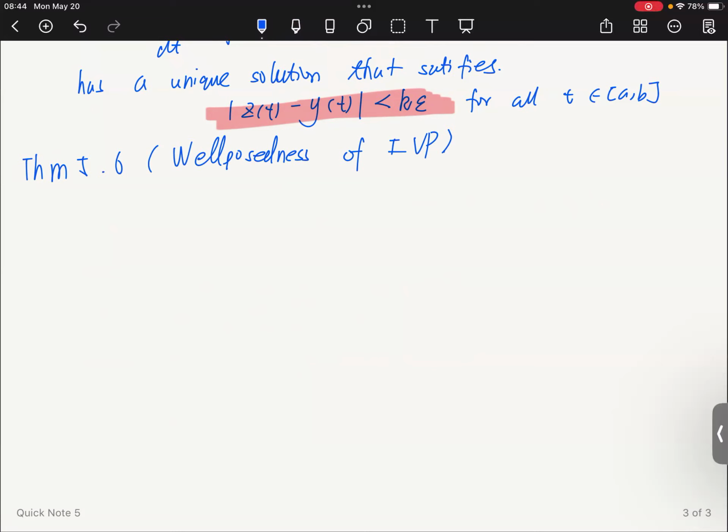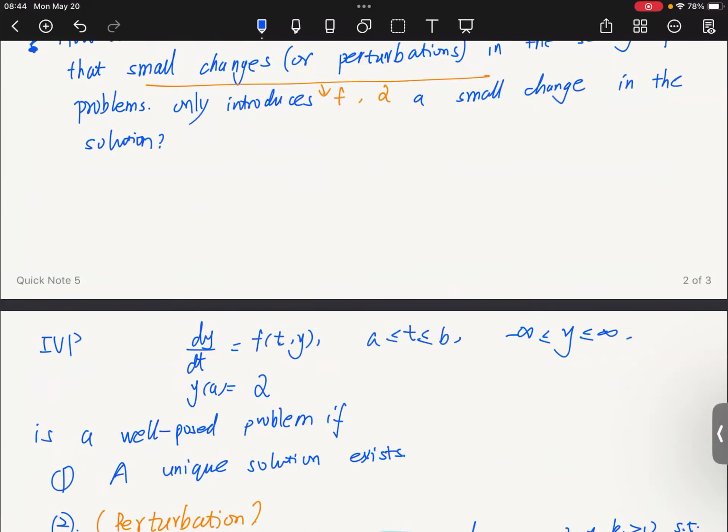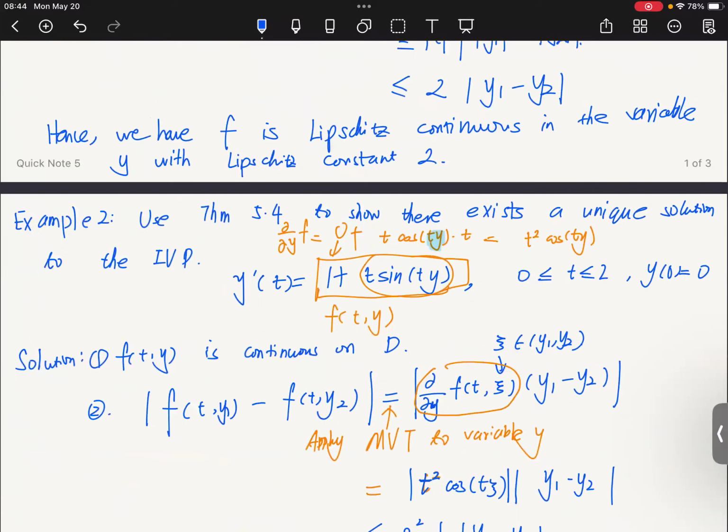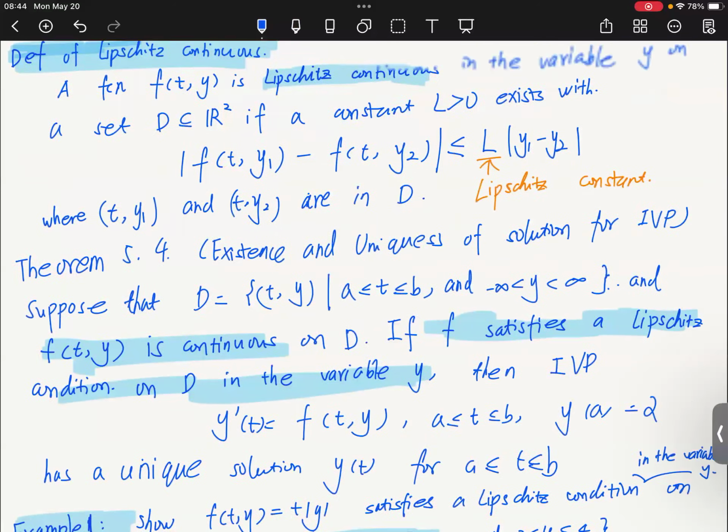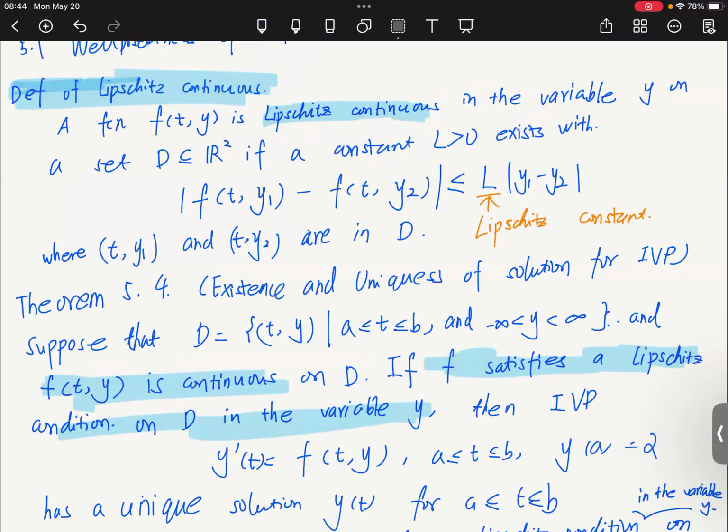Actually, you will find out that the assumptions are quite the same as the things we have in the existence and uniqueness theorem. So let me just copy down everything. The assumptions are the same, but here we have the well-posedness. So I'm going to copy all the assumptions here.